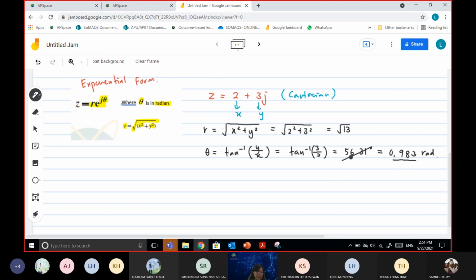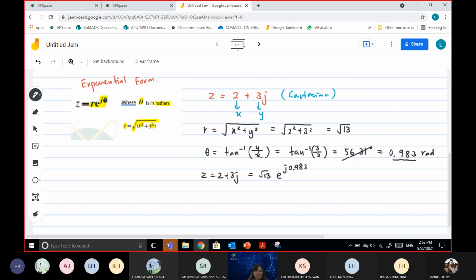You just change the mode in your calculator to radian. So for this z equals 2 plus 3j, you can write it as square root of 13 e^(j0.983).